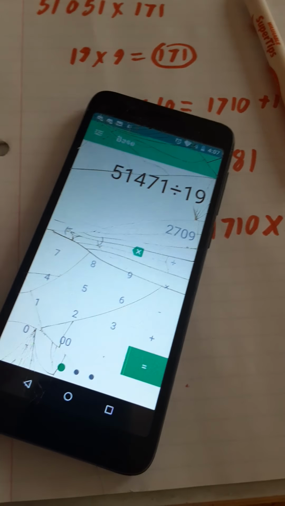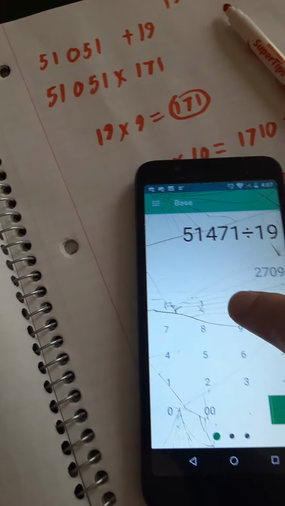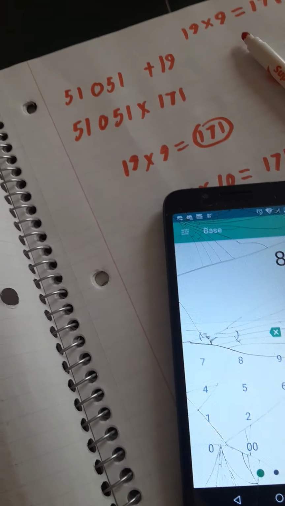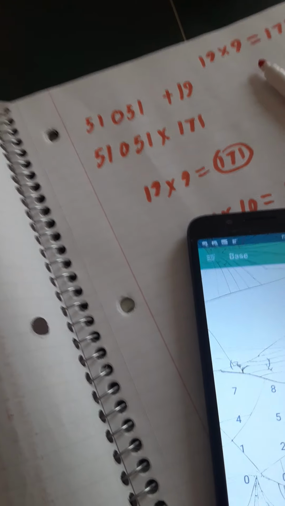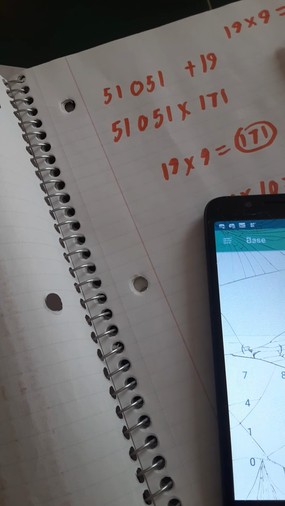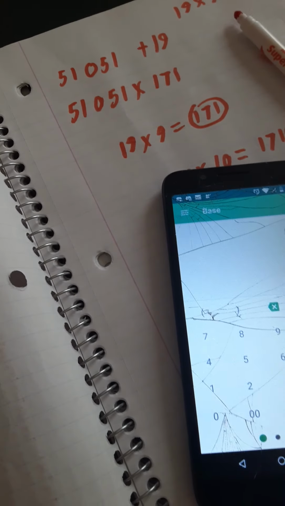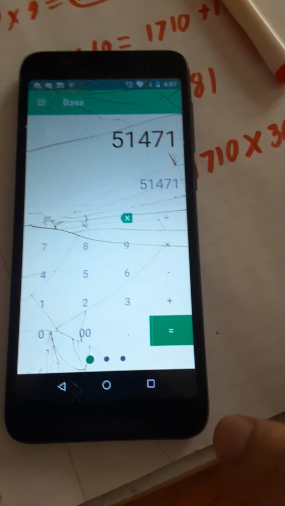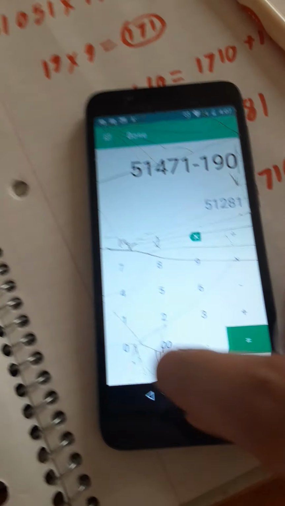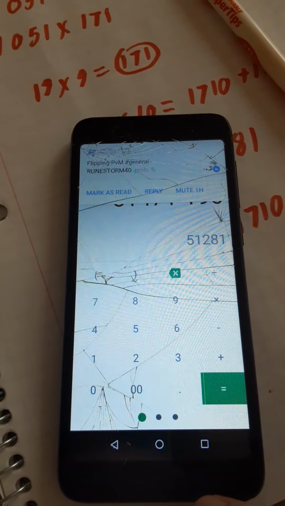Yeah, divisible by 19, so it's 2,700. So 51,471. 51,471 minus 190 is 5281.